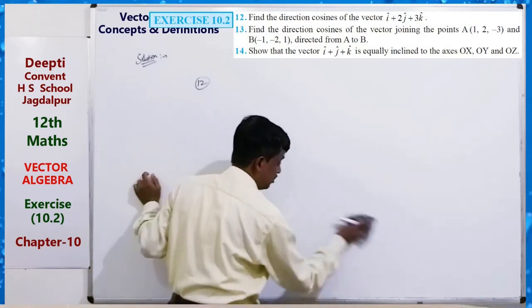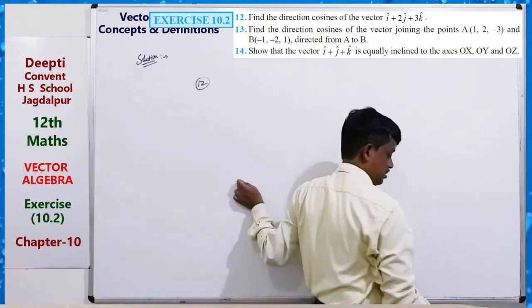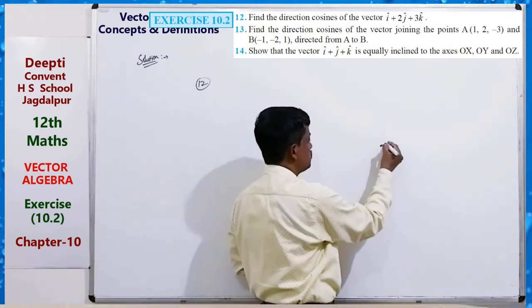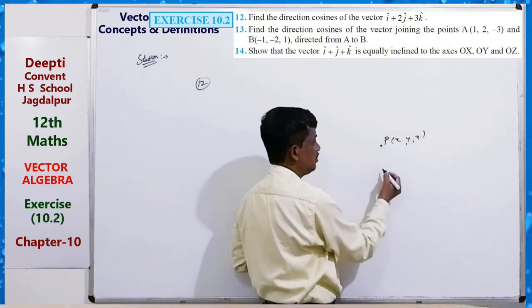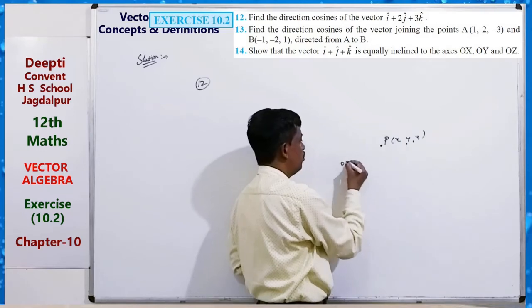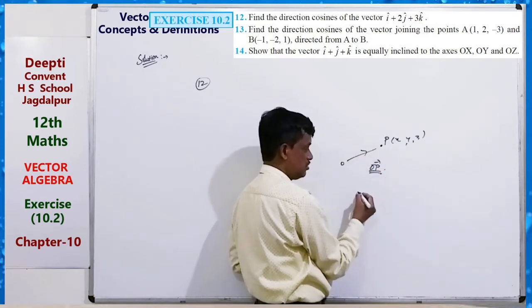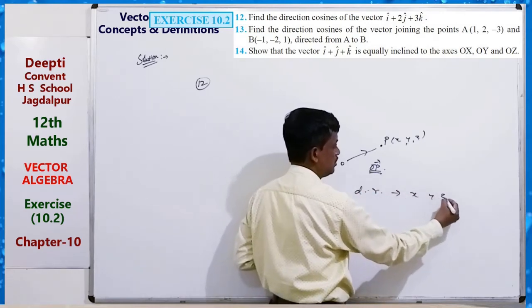Whenever a point x, y, z is given, OP is a vector, so the direction ratios of OP are x, y, z.